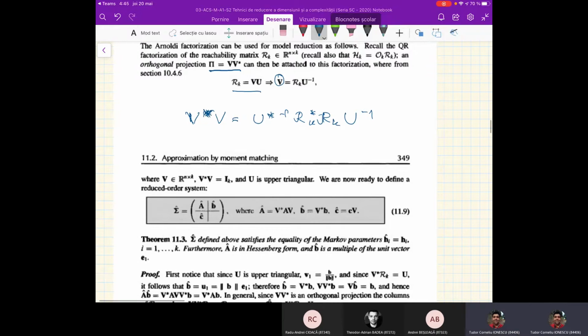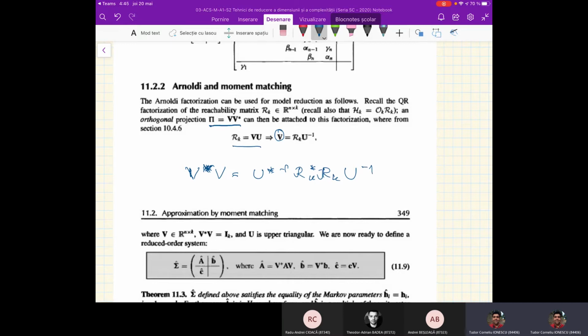Now we should get that V star V is the identity, and U is upper triangular. This RK probably comes from the construction of the RK. Ah, yeah, because RK is VU in its turn.